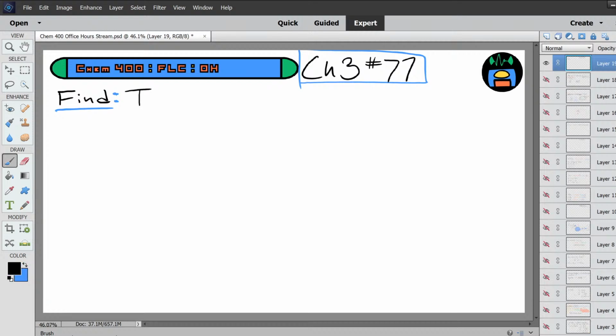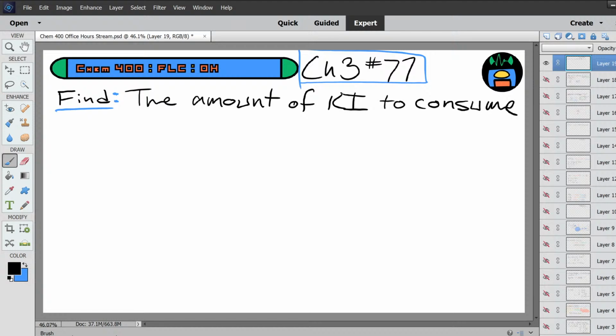We're trying to find the amount of potassium iodide to consume in 1 day. All right, how much potassium iodide do we need to consume in a day?